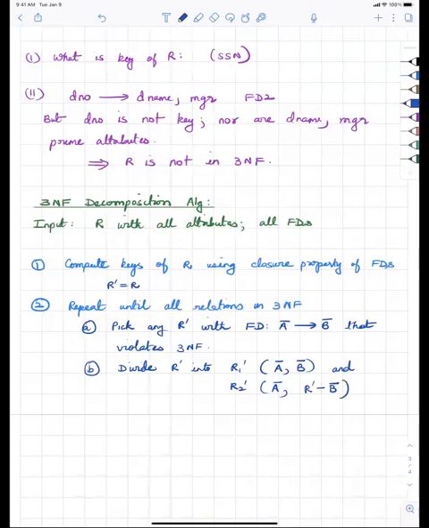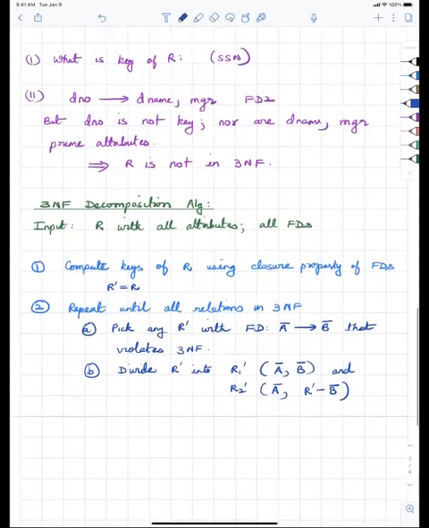So R1 dash is the attribute that violated third normal form, and R2 dash is you bring down the key, the left-hand side, into this table, and then bring down all the attributes except B bar.